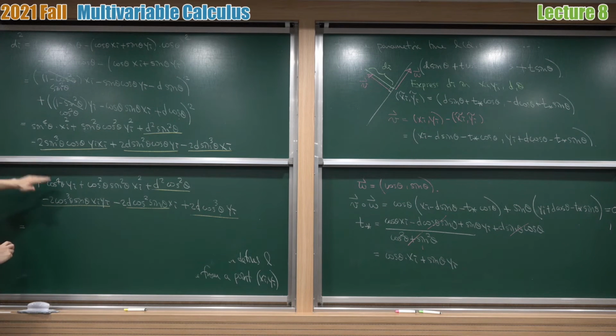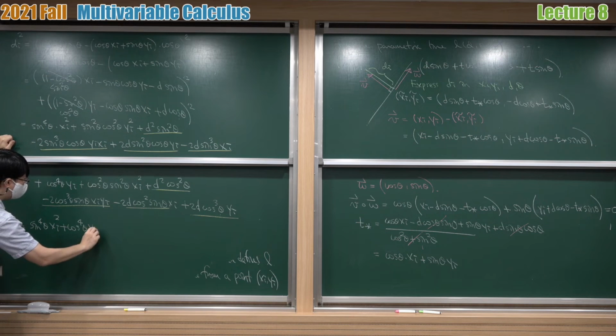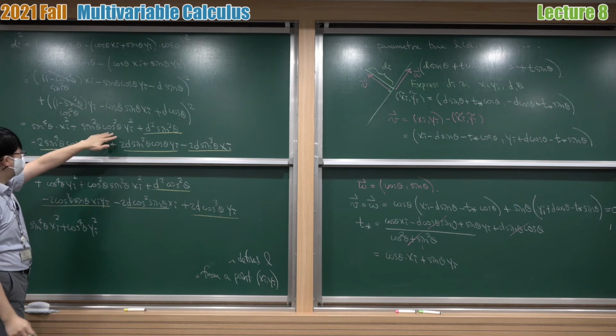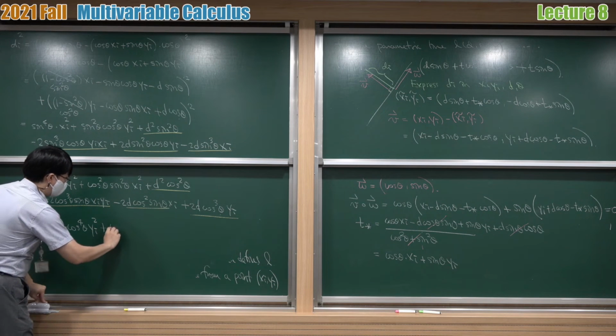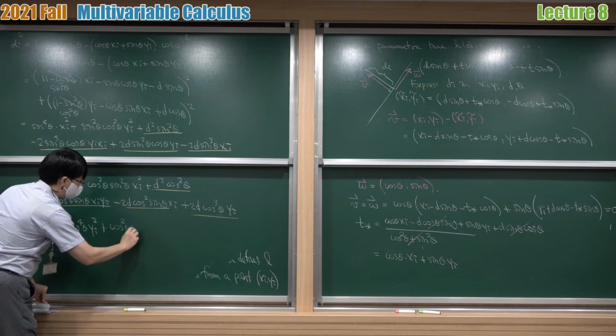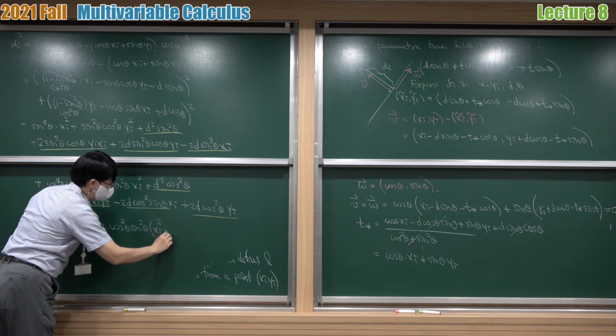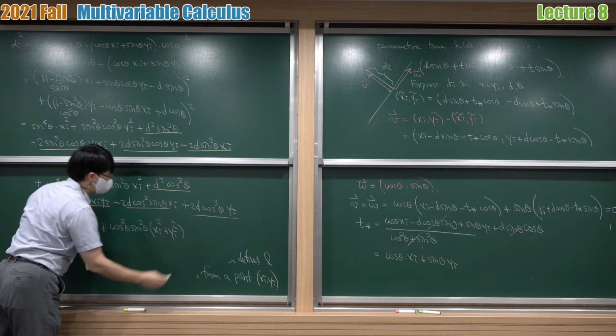I cannot combine these two, so let's write down sine fourth xi square, cosine fourth yi. I think I forgot the squares here, squares. And also let's combine these two because it has the same coefficient. Cosine square theta, sine square theta, xi square, yi square, okay?